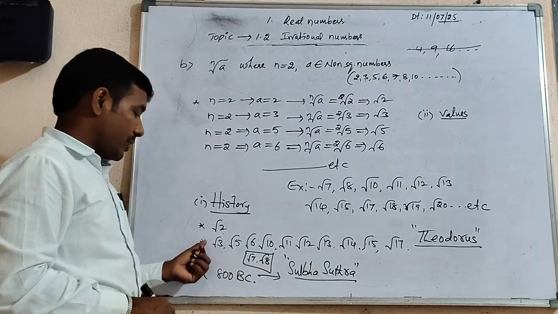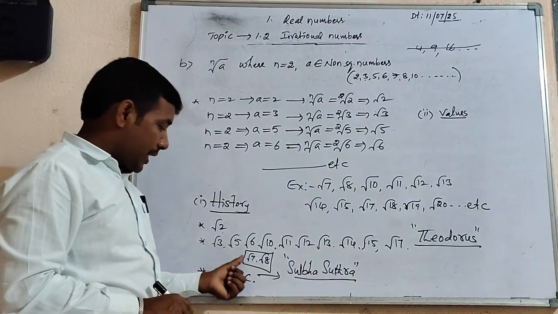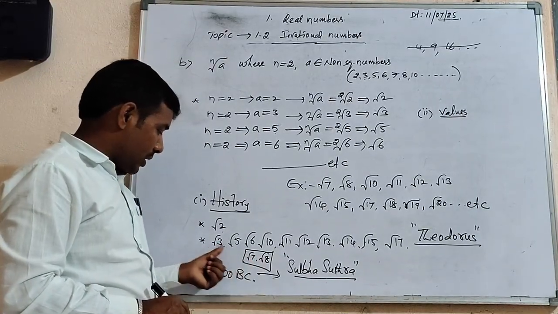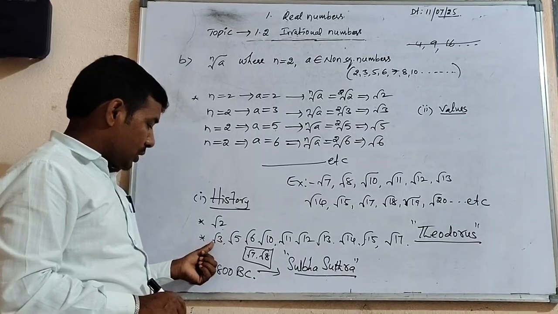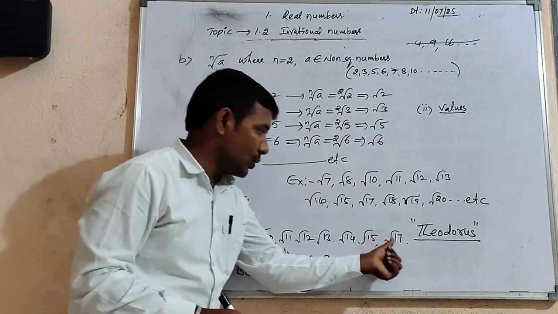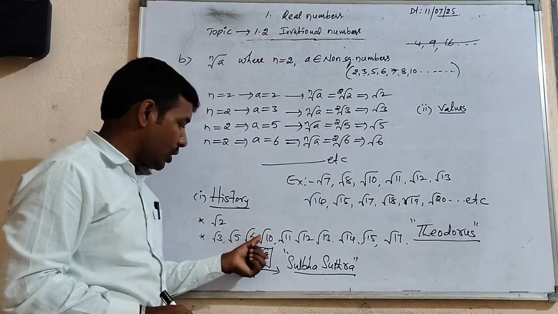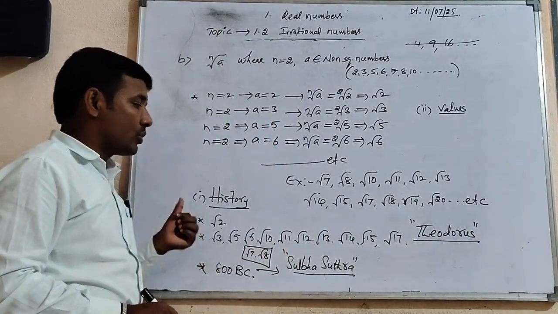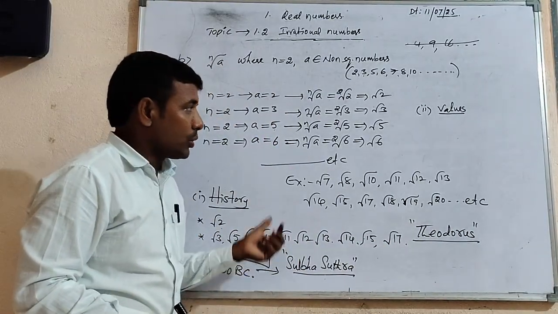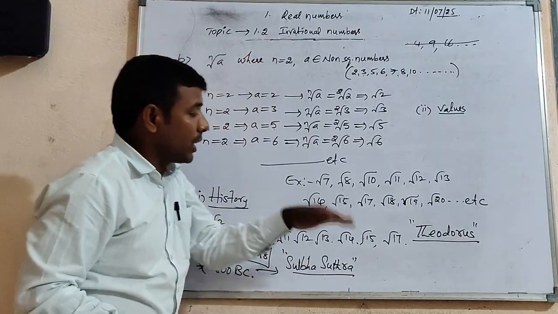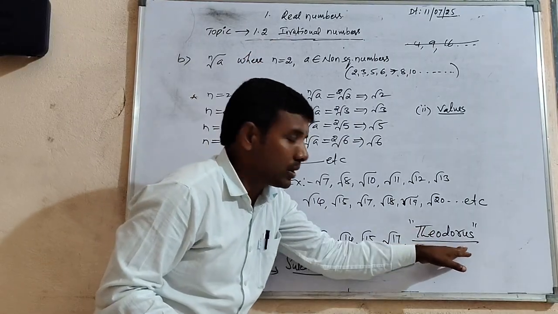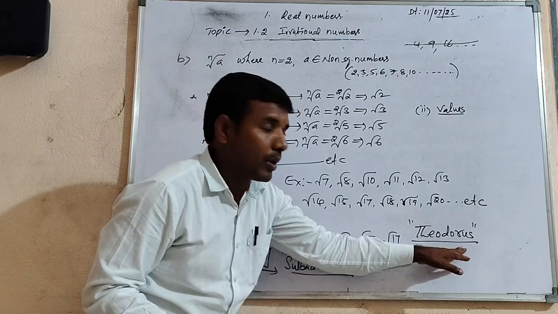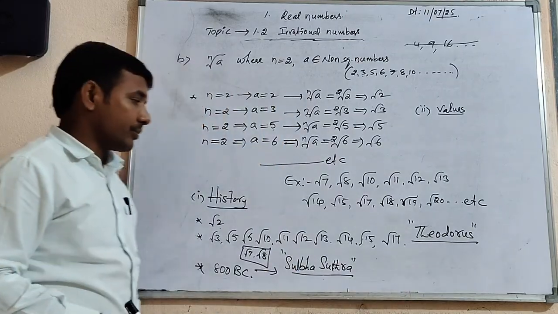Second, except for root 7 and root 8, in a sense, root 3, root 5 up to root 17, these 10 values are also called irrational numbers. This point was said by Theodorus from Greece.